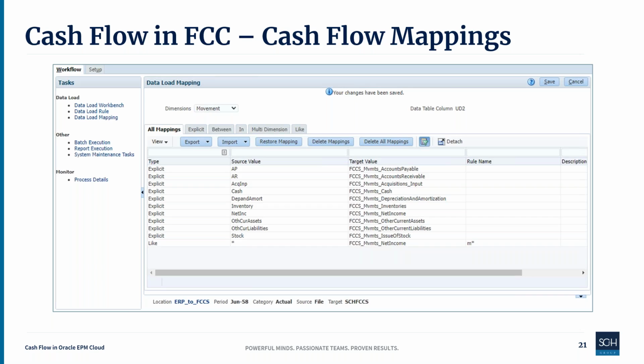And you can see here with every individual account line item, you get the opportunity to decide which default movement is going to be used. And on the bottom here, you can see in any case where we don't have a specific movement line item, we've mapped it to net income under the assumption that if it's not balance sheet activity, it will have to be income activity.